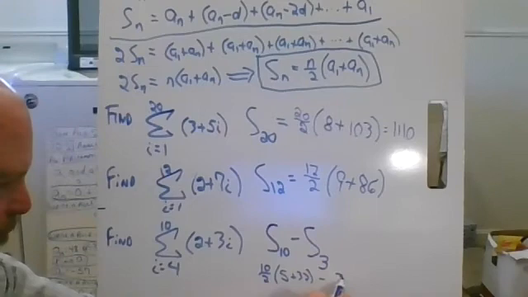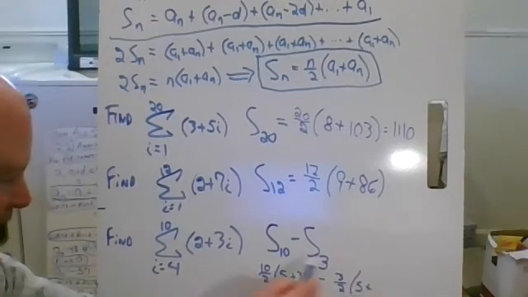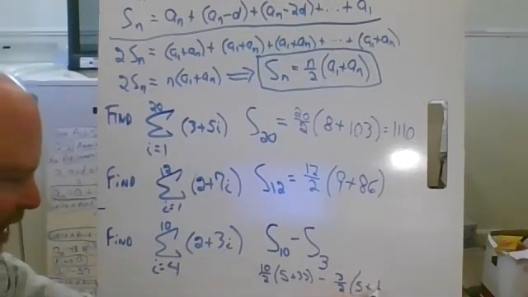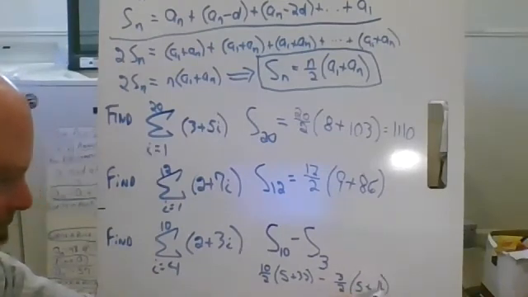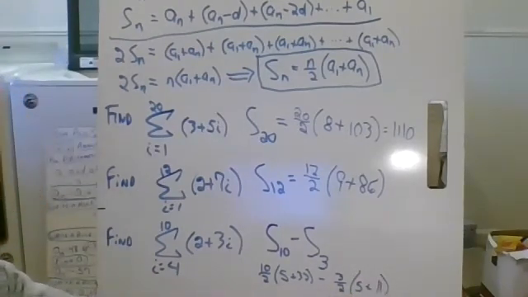Your S sub 3 is 3 over 2 times your a sub 1, which is 5, plus your a sub 3, which is 11. And that would be the answer. You would compute this and compute that and subtract the 2. Do you see this?